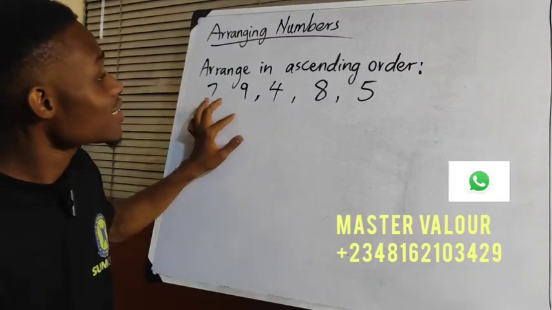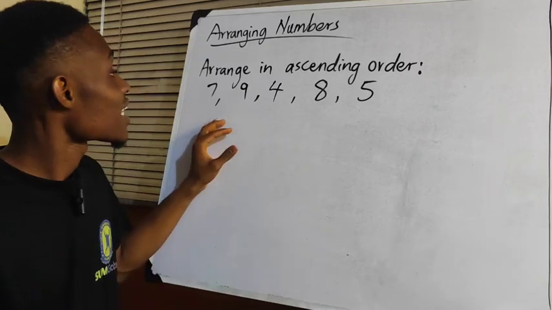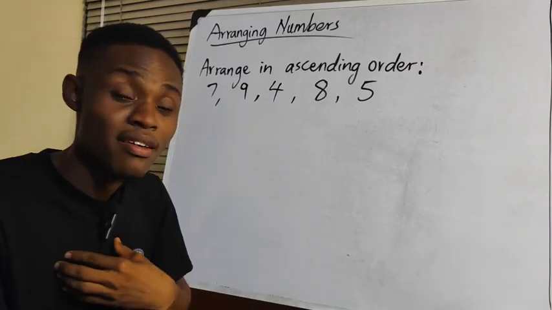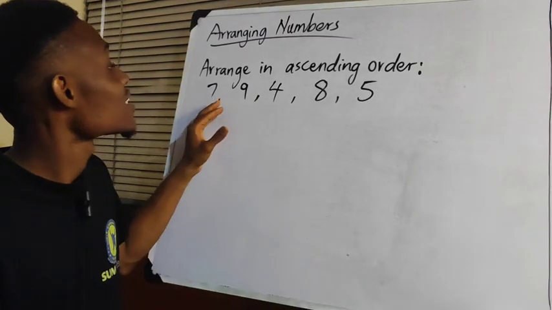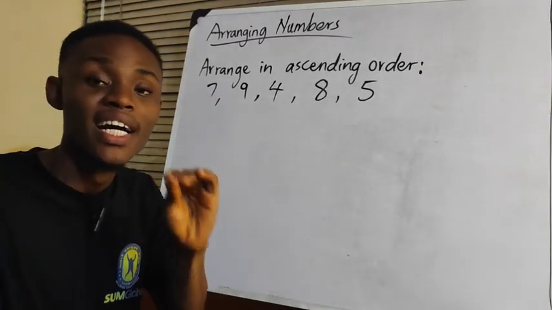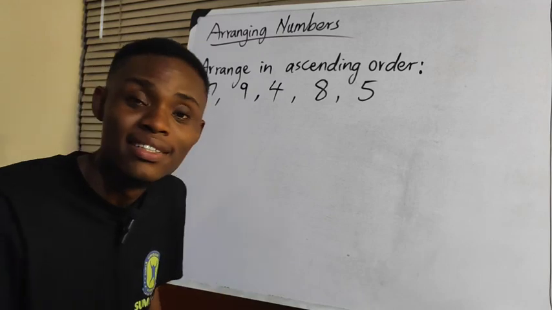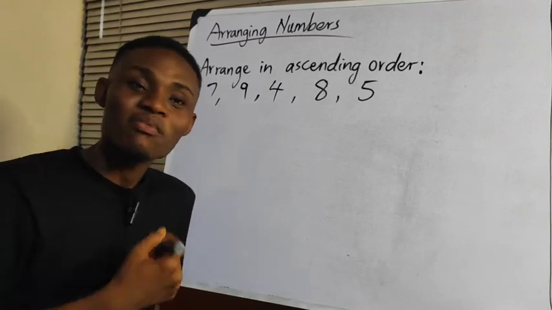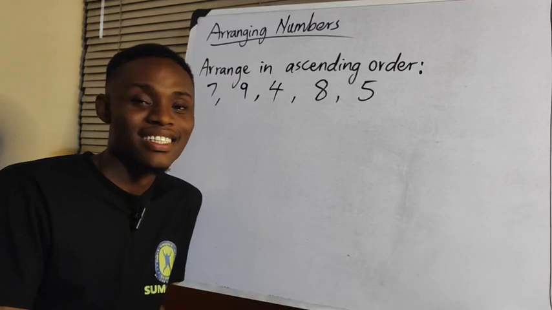Now, let's say these are candies, okay? And I want you to give Master Valour the smallest share of candies, right? You know, I'm that math teacher that wants you to learn maths. So I want you to give me the smallest share of candies.